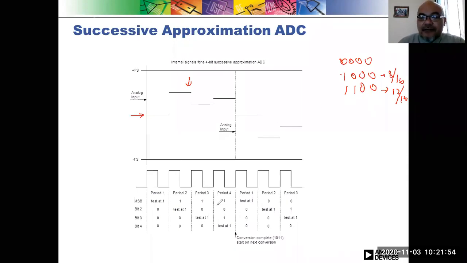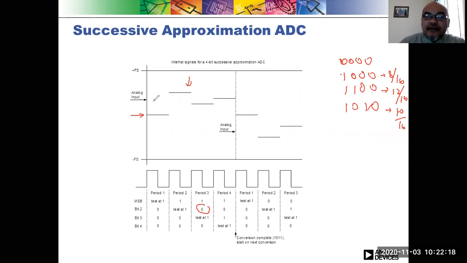So in the third approximation, in period 3, the second bit is switched off and the first bit is switched on. Then it will test the third bit. It will switch on the third bit, so it becomes 1 0 1 0. This becomes 8 plus 2, 10 out of 16.